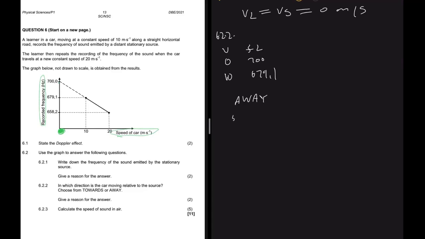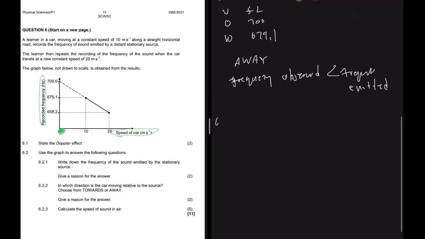And then the reason for that is that the frequency observed is less than the frequency emitted, right? Yes. Let's move ahead. 6.2.3 says calculate the speed of sound in air.